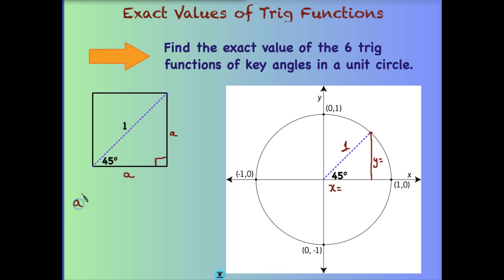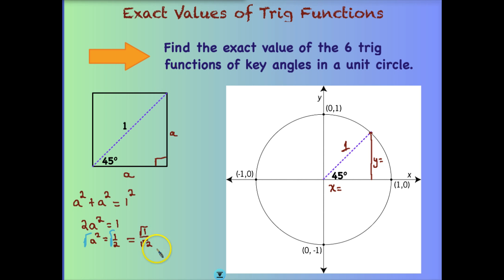Applying the Pythagorean theorem, we get a squared plus a squared equals 1 squared, which simplifies to 2a squared equals 1. If we divide both sides by 2, we end up with a squared equals 1/2. To solve for a, we take the square root of both sides, which gives us the square root of 1 over the square root of 2.